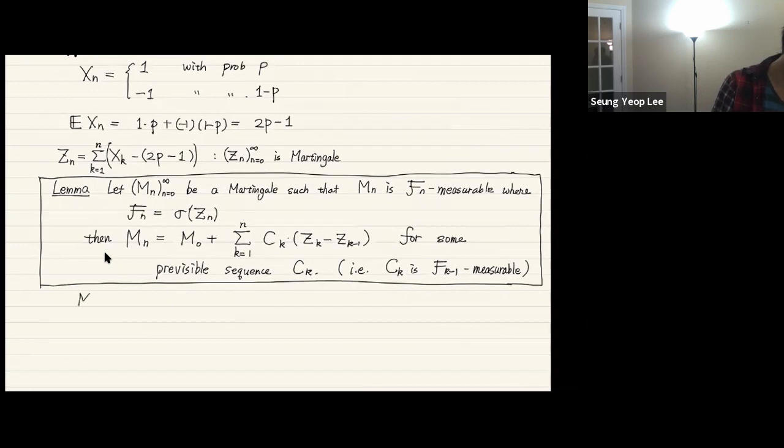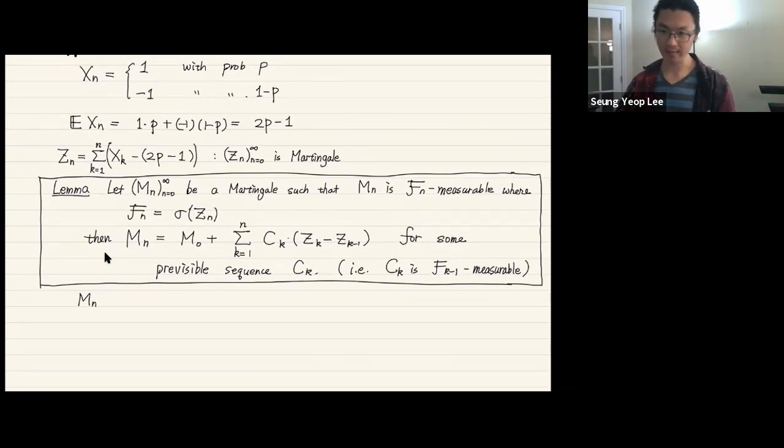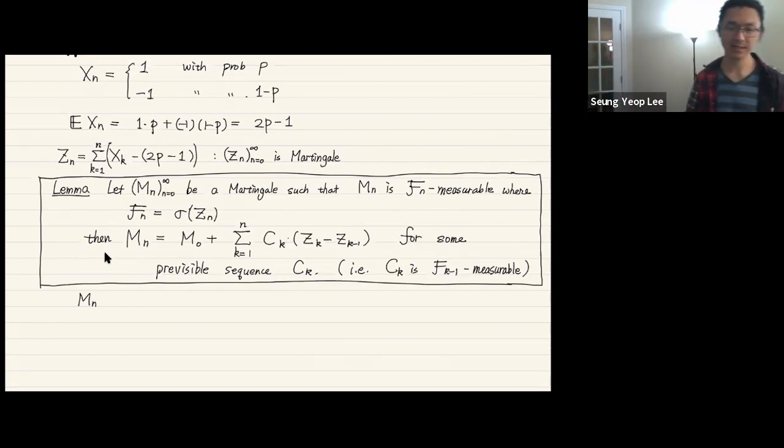So Mn is Fn measurable, which means if Zn is determined, it will be determined. Zn is made out of x1 to xn, so Mn will be determined if x1 to xn are determined.